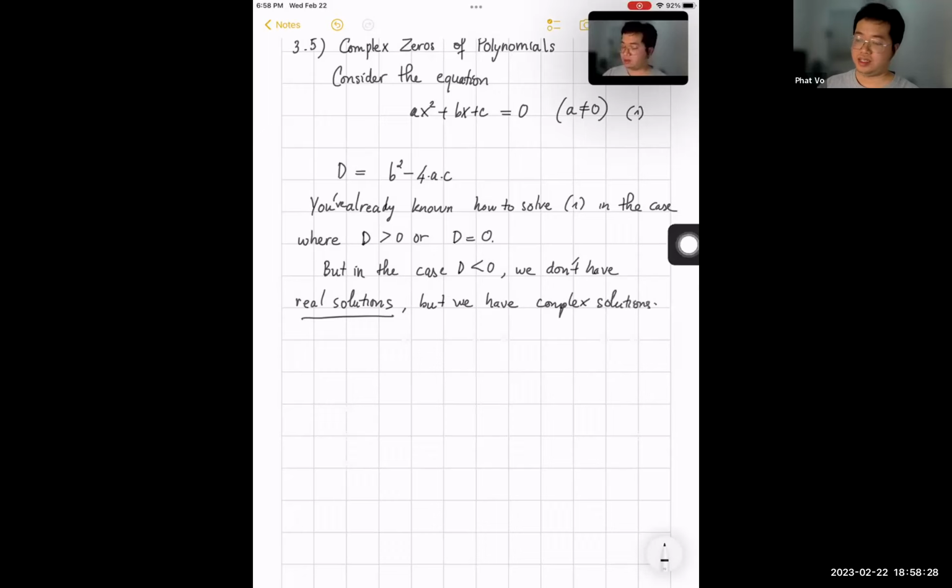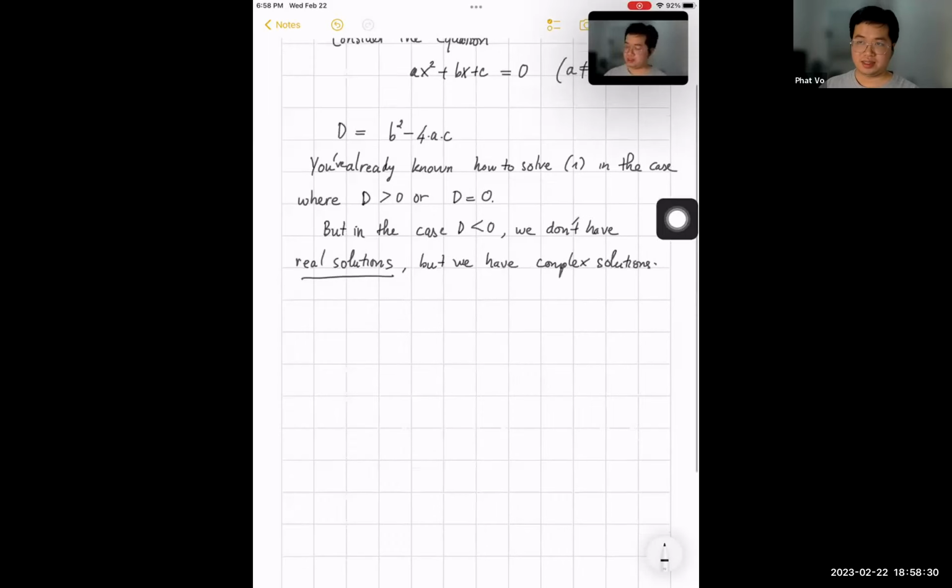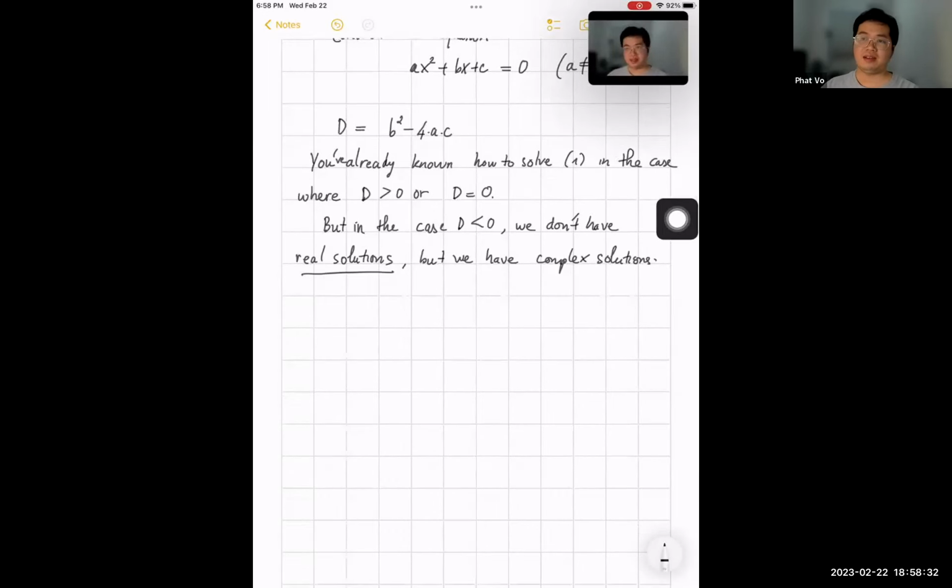So how do we find the complex solutions in this case? Okay, I will provide you the formula to find the complex solutions in this case. When D is less than 0, we have two complex solutions.